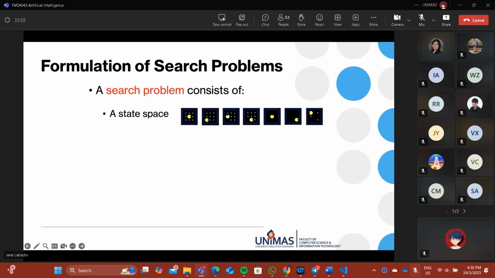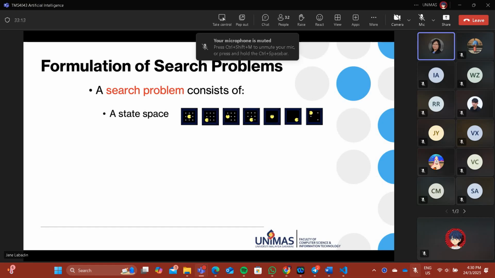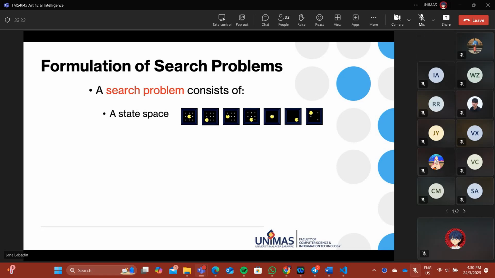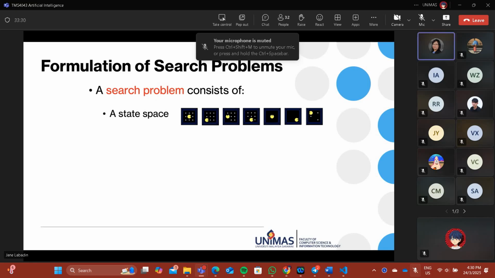But it is not only telling you the location, because your goal also includes eating the white dot. So even the placement of the white dot is considered to be a state.